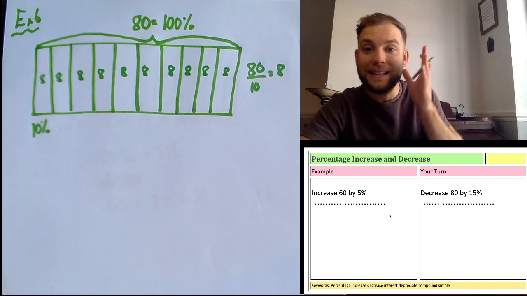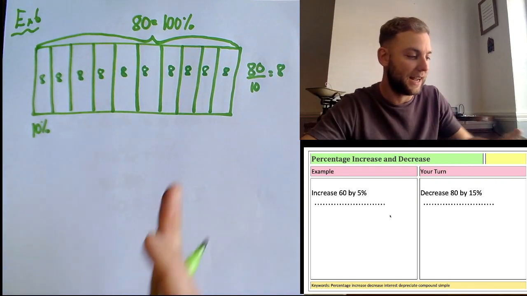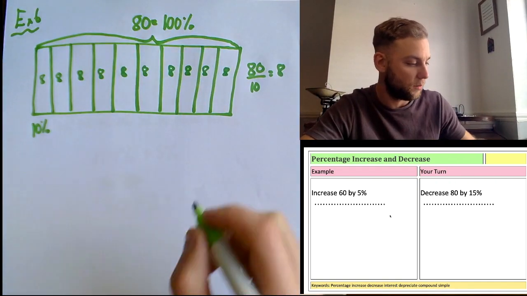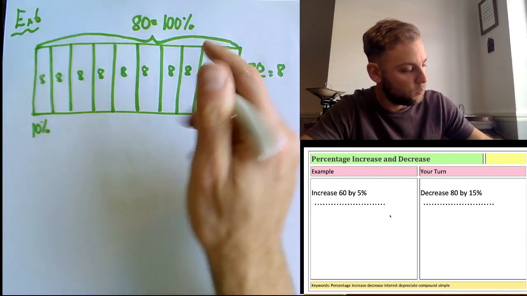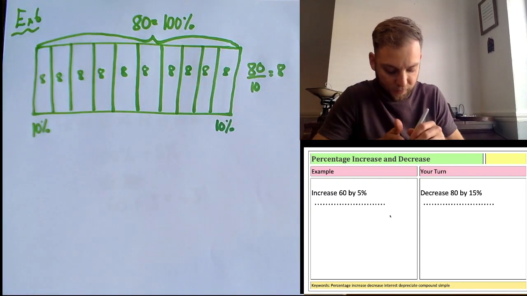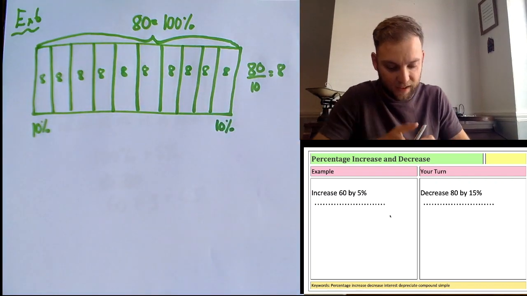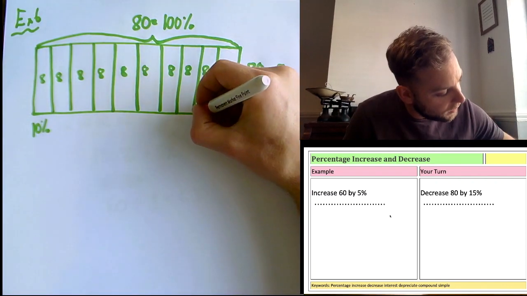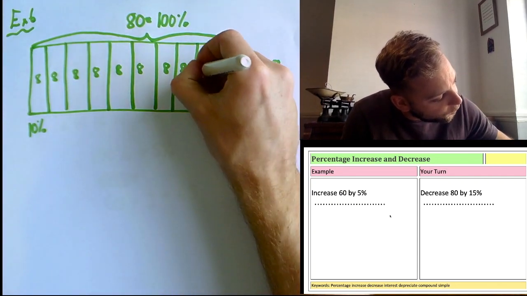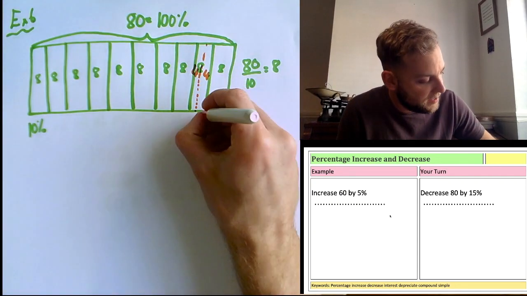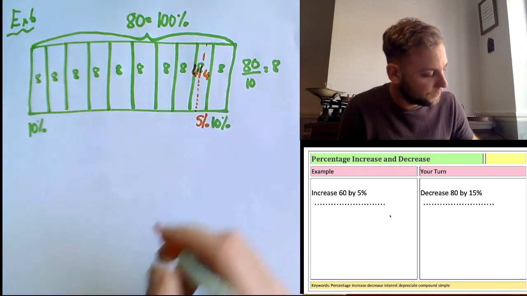If I'm decreasing by 15%, I need to take off 15%, don't I? So I need to take off a 10%, and what's going to make 15? It's going to be half of one of these, which is the 5%. So let's draw this one in half, splitting that up into 4 and 4. And this is going to be the extra 5%.